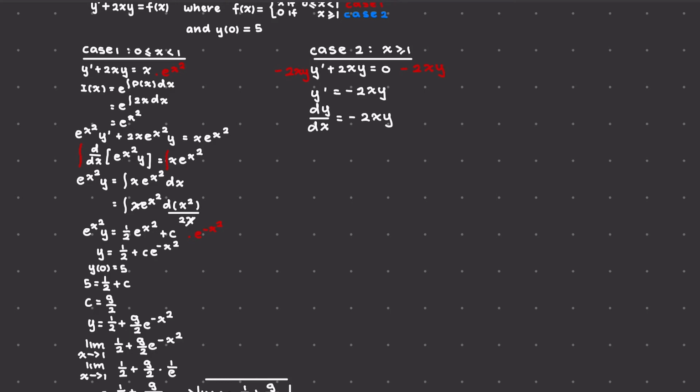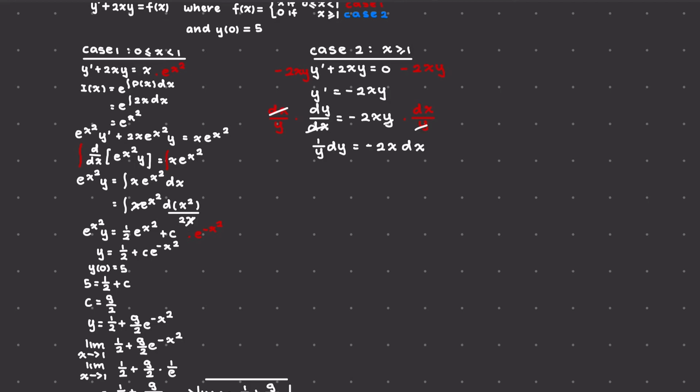2xy. Let's multiply both sides by dx over y, as well as the other side too, dx over y. And so crossing out the dx on the left hand side and y on the right hand side, we will get 1 over y dy equals to negative 2x dx on the right hand side.